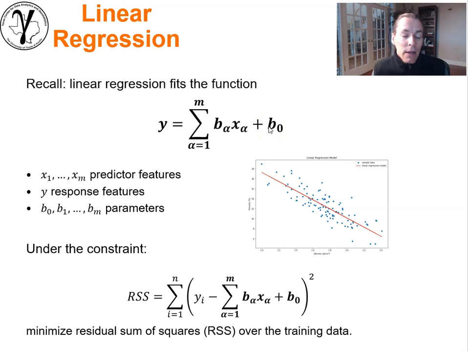This is our function to go from the predictor features, alpha equals 1 through m predictors, to a response feature, and we're just assuming one single response feature here. Our parameters we can tune are all our B1 through Bm and our intercept.